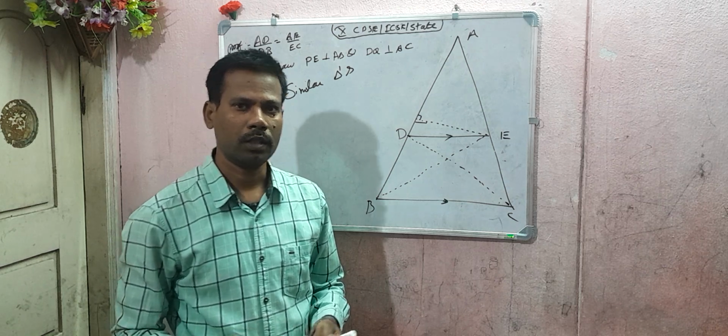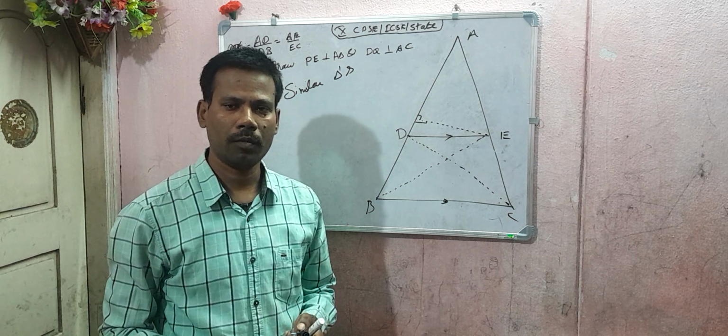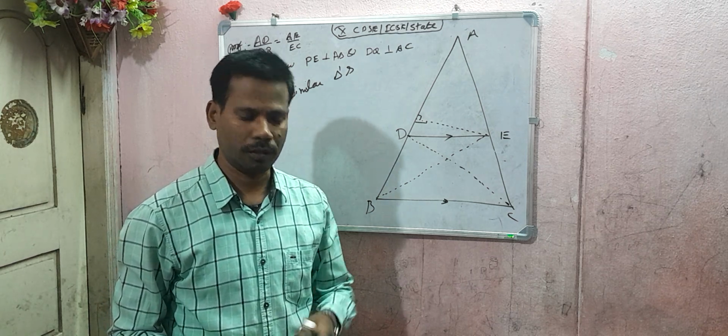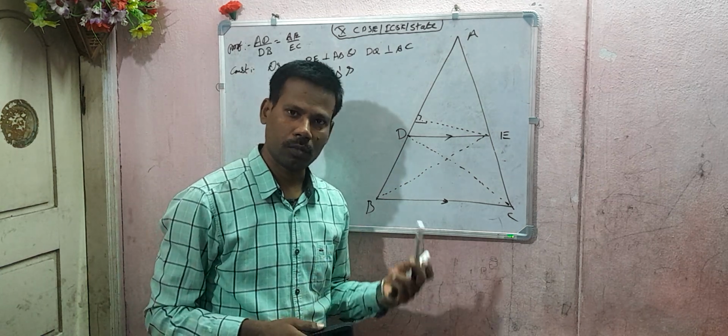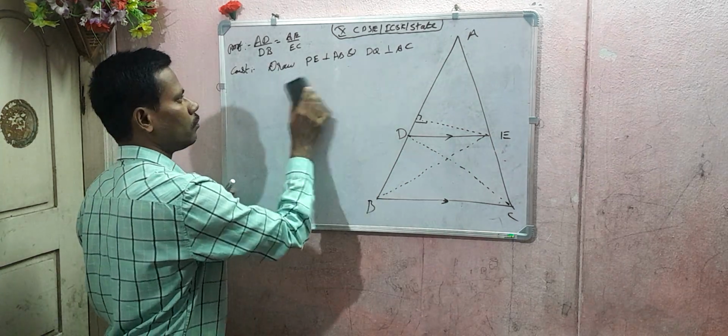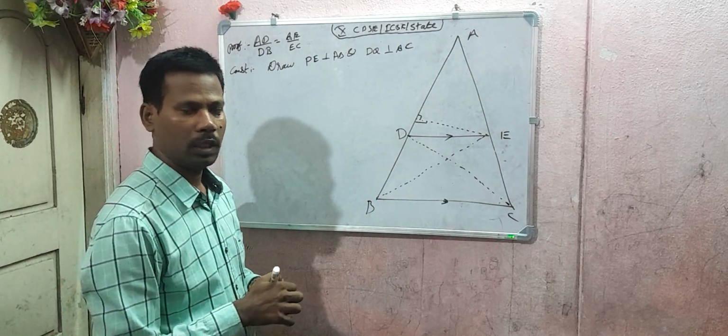Are you getting my point? Whereas congruent triangles means they are having the same shape and same size. Let us discuss what those are. I will give a brief explanation.